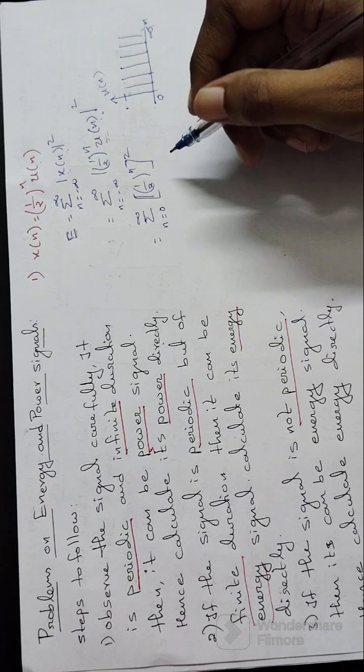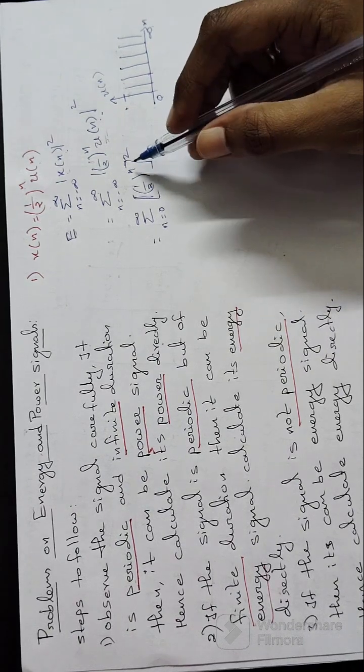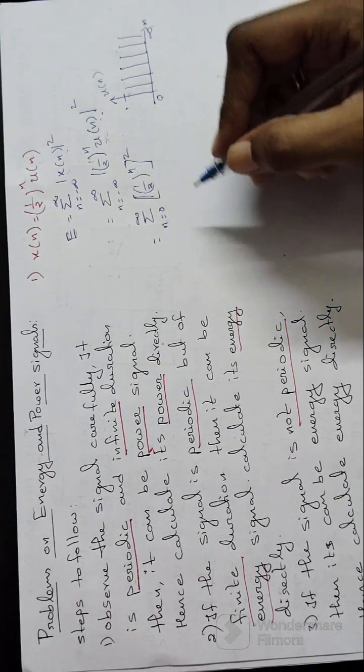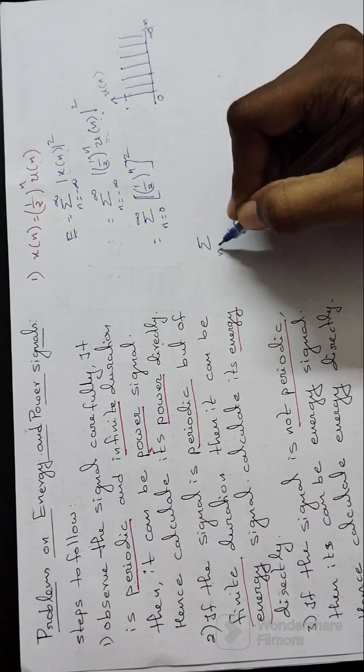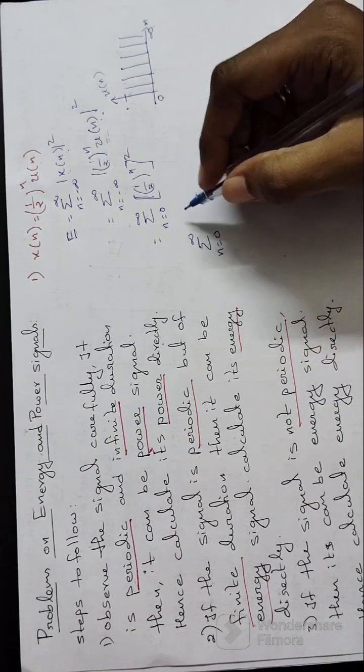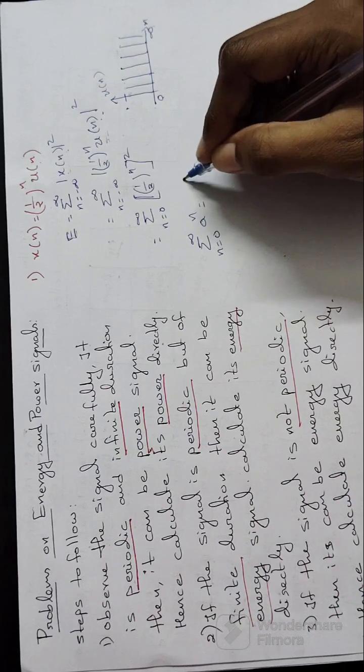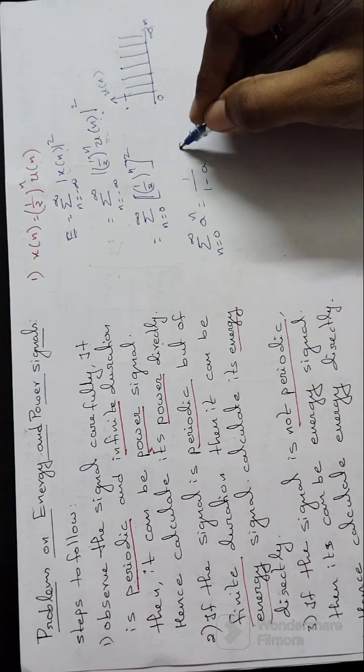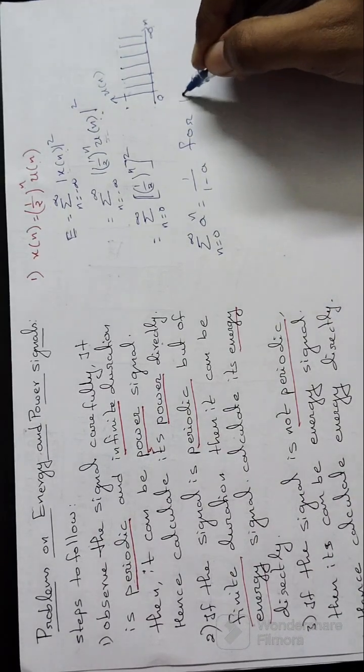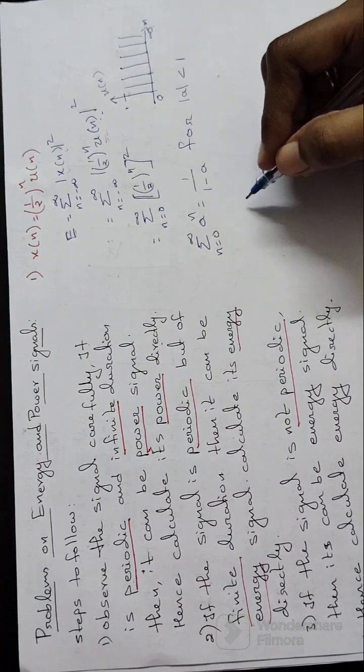Here it is in the form of a to the power n. That is summation n is equal to 0 to infinity a to the power n is equal to 1 by 1 minus a, for mod a less than 1.